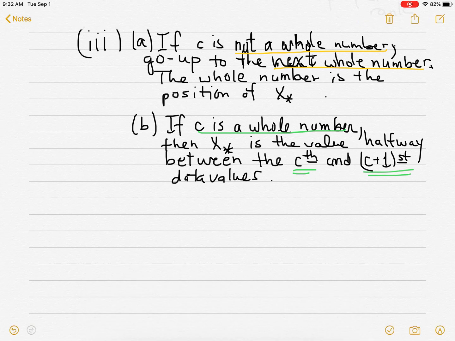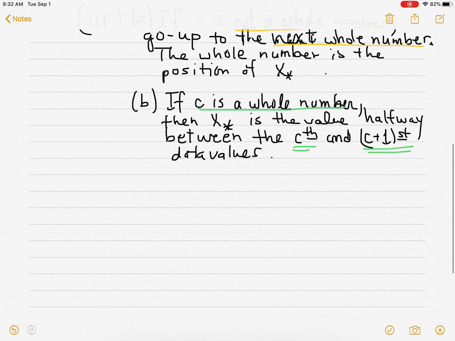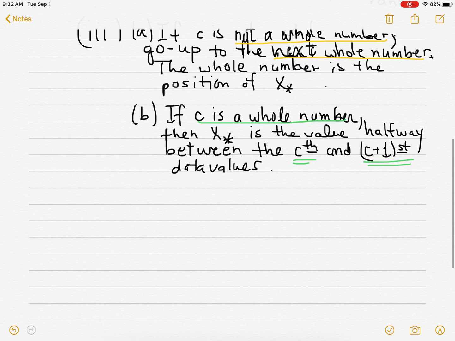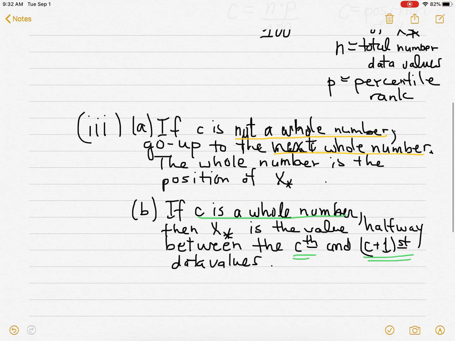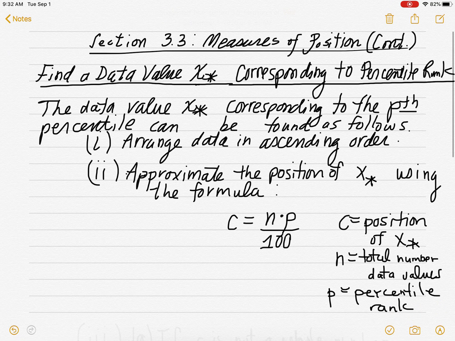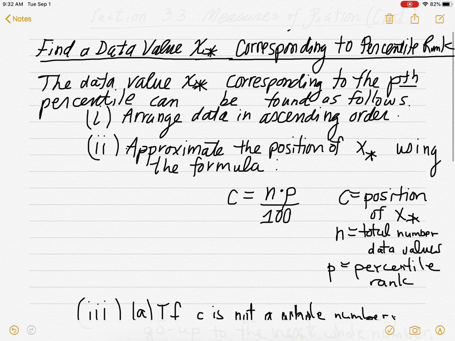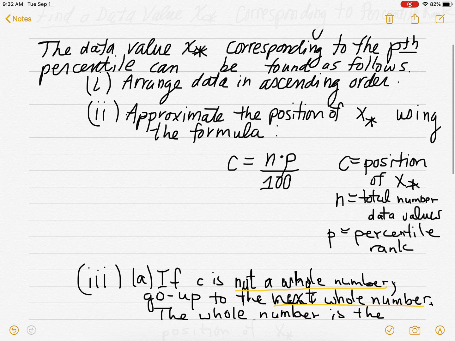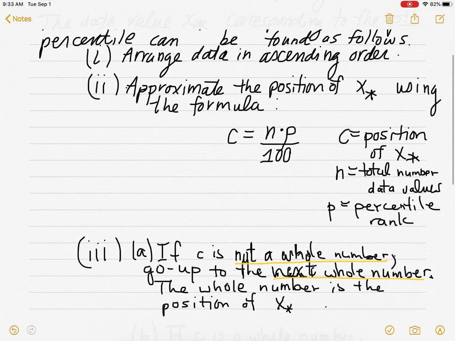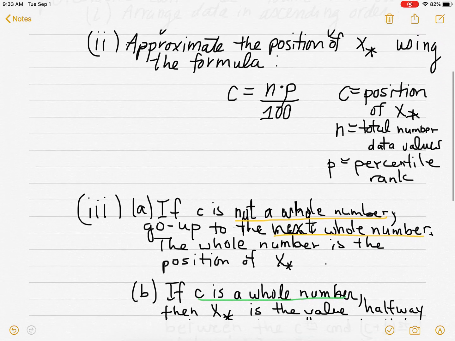Then you're going to look halfway between the 7th and the 8th data values in your list. That'll be your X star. So that's the procedure. You might want to return to this list of rules for finding X star, or rewind the video to this. It's basically a 1, 2, and 3-step process.